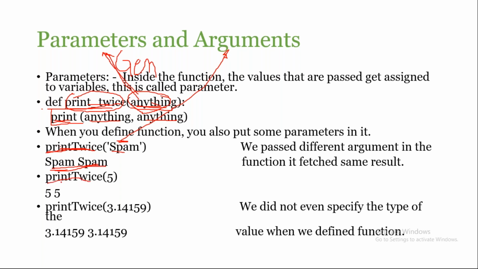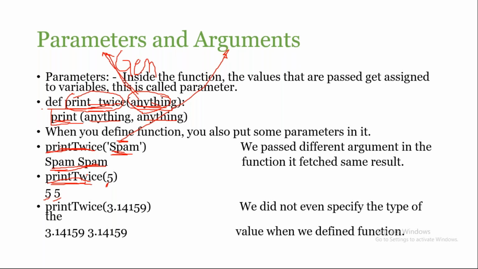Here I am calling this function again, and I'm passing an argument which is an integer, and I say that 5 gets printed 2 times. That is what this function was supposed to do, right?